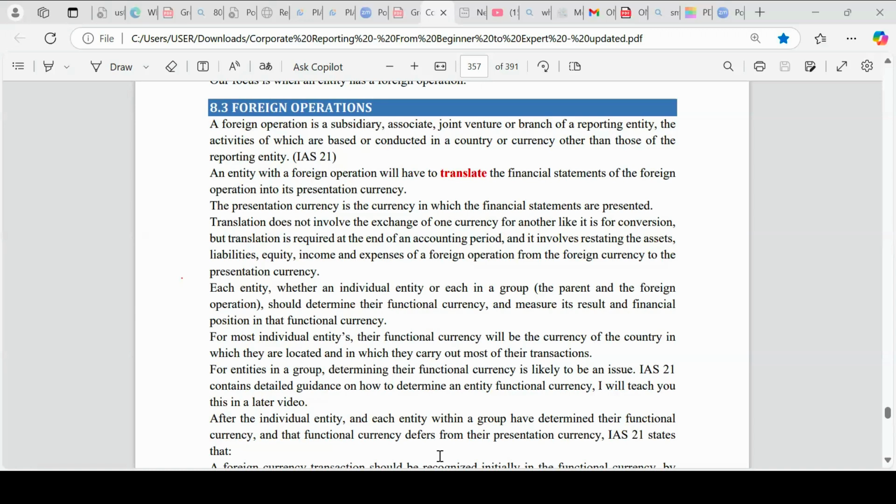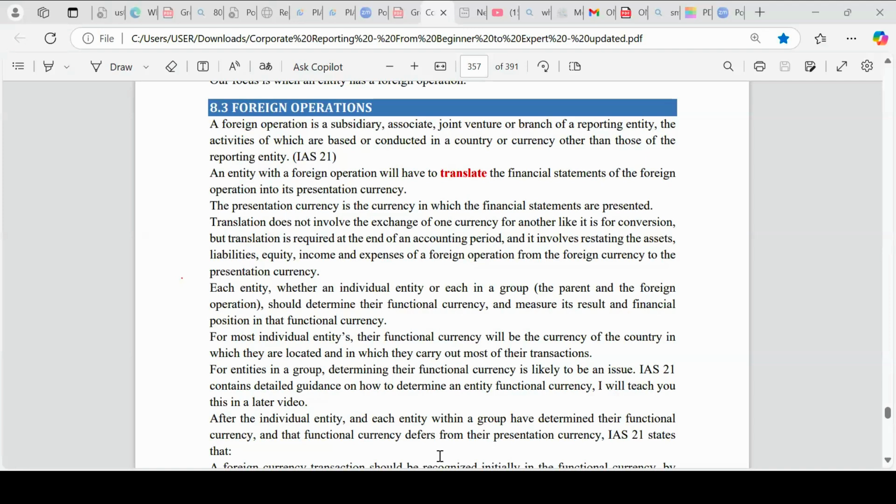Transaction in foreign currency, I am just converting from dollar to naira because I did a transaction in dollar. But when it comes to foreign operations, the reason I'm doing it is because I need to restate all of the numbers that make up the financial statement into the presentation currency of the parent. So that's the major difference between the both of them.